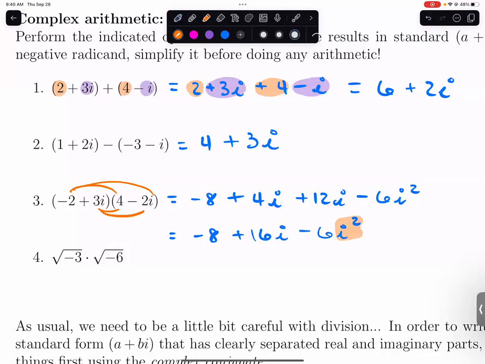i has a special meaning, right? i is the square root of -1. What's i squared? -1. So that minus 6i squared, that's not an imaginary term. It's got an i in it the way it's written right now, but really that's a real number, right? It's camouflaged, but really that's a real number.